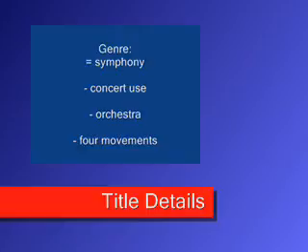So make sure that for each of them you know their cultural context, whether they're for domestic or concert use, their instrumentation, as well as the number of movements that they have.